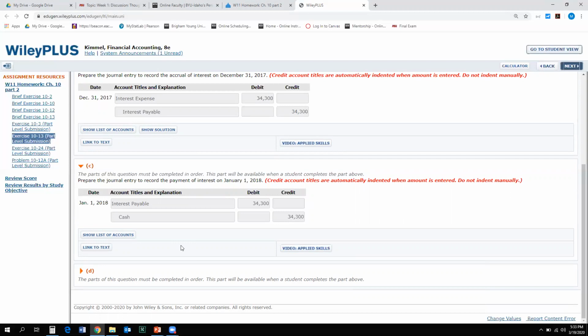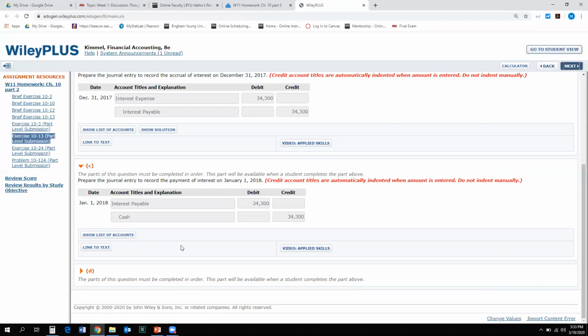Right. So it depends on the terms of the bond. Normally, bonds pay interest either semi-annually or annually. And so they would either pay a cash payment every 6 months, or every 12 months. This bond just happens to pay every 12 months.